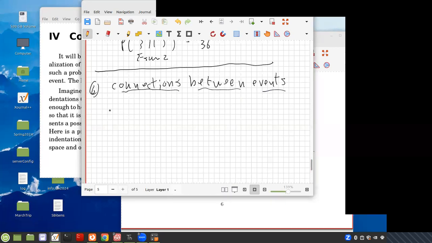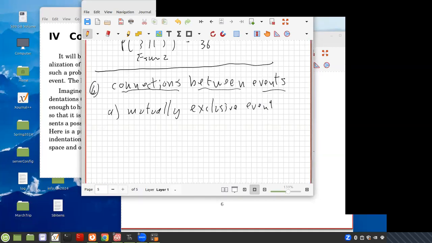And so the one connection is mutually exclusive events. And that just means that if event 1 and event 2 are mutually exclusive, their intersection, because they're both subsets, is the empty set.